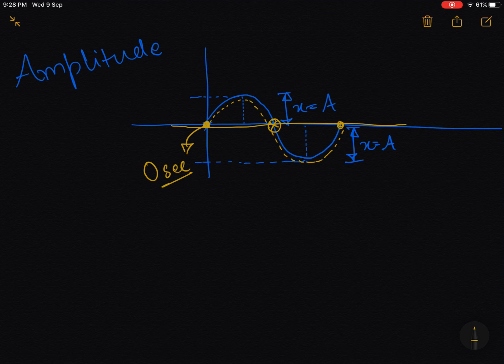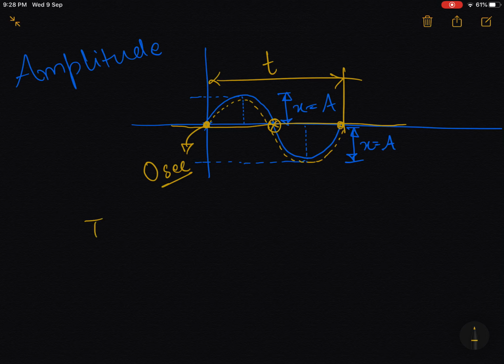It also reaches this point, but that is only a half cycle. When it completes the positive and negative cycle both together, this is known as your time period T. I hope that is clear.